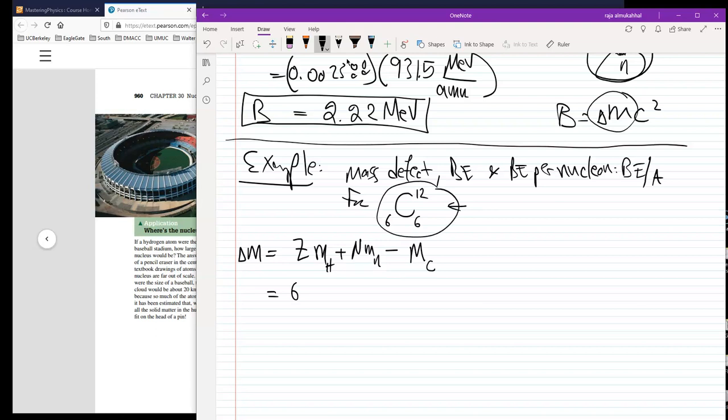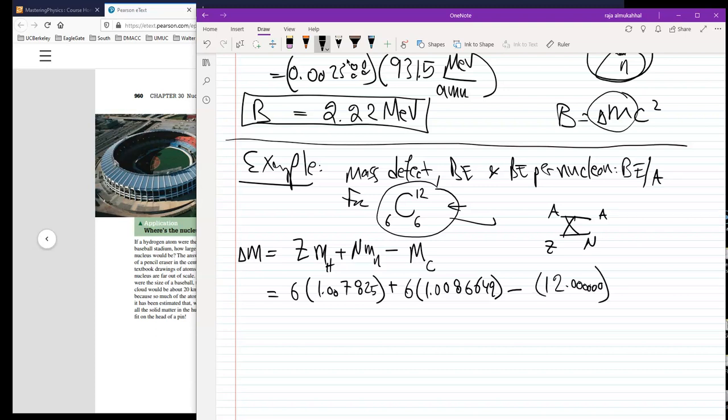Remember when I write it this way, this is Z, N, and A. Some books would write the A here, it doesn't matter. Anyway, it's going to be Z times the mass of the hydrogen, 1.007825, plus the number of neutrons, which is 6 as well, times the mass of the neutron, 1.00866649, minus the mass of the carbon. Again, you go back to the table, what is it? 12 exactly, right?